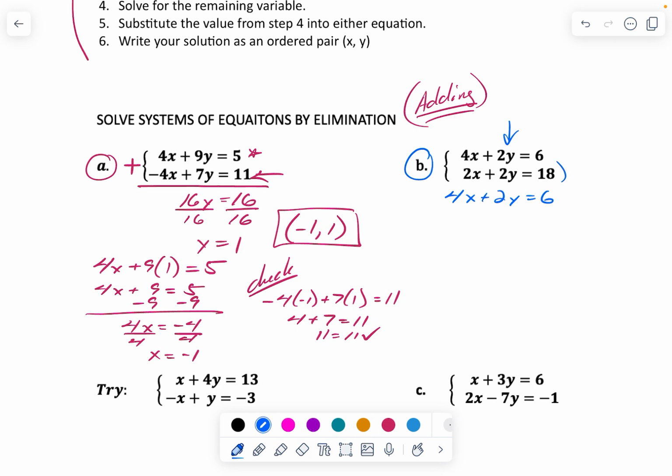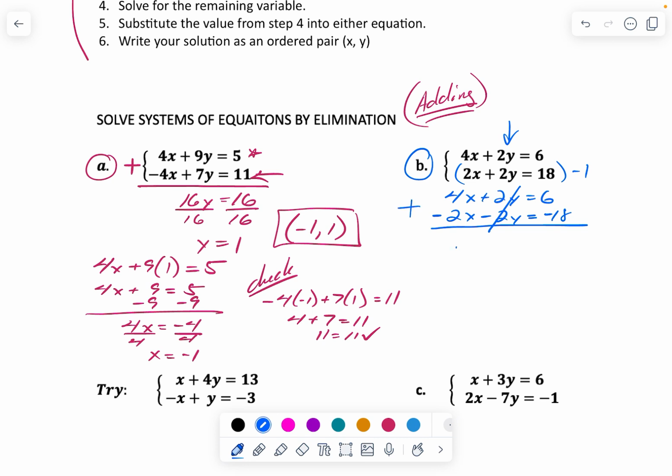But now let's multiply everything in the second equation by negative 1, which would make it negative 2x minus 2y equals negative 18. See, by multiplying everything in the second equation by negative 1, and that is everything, now my y's will cancel out when I add them together.